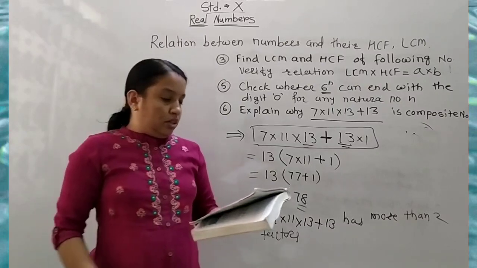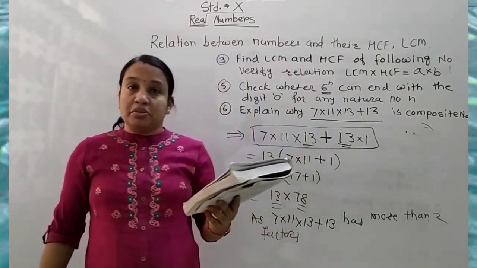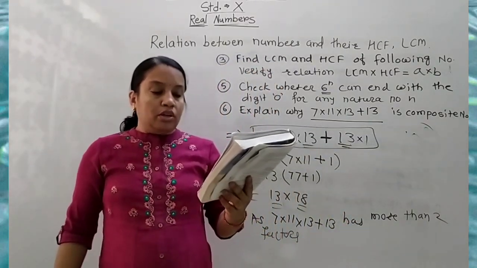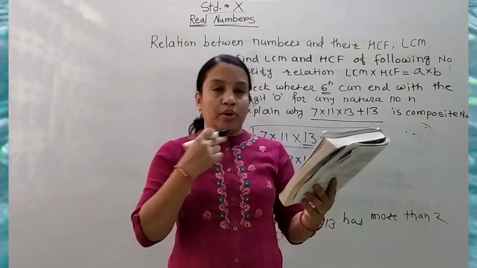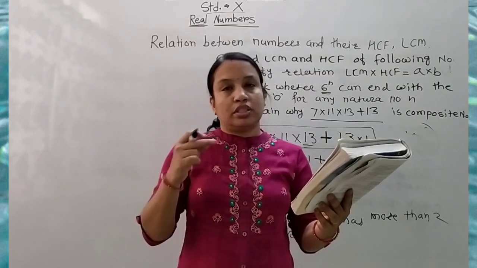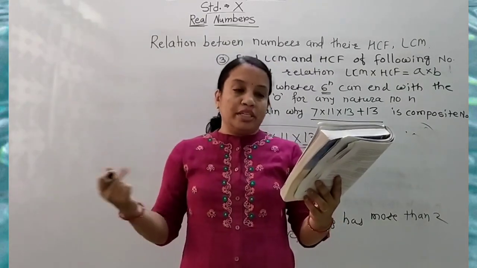Now let us discuss the word problem from exercise 1.2. That is, there is a circular path around a sport field. Sonia takes 18 minutes to drive 1 round. Okay. And Ravi takes 12 minutes for the same. Means वही ground का चक्कर लगाने को रवि को 12 minutes लगते हैं.